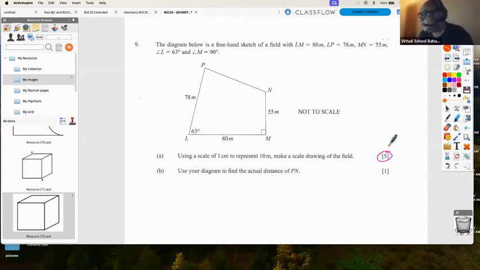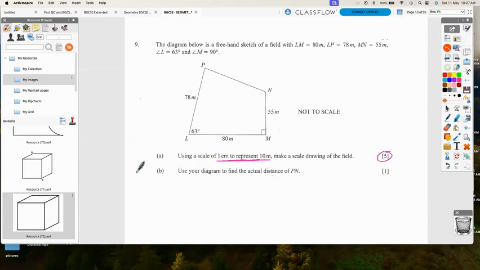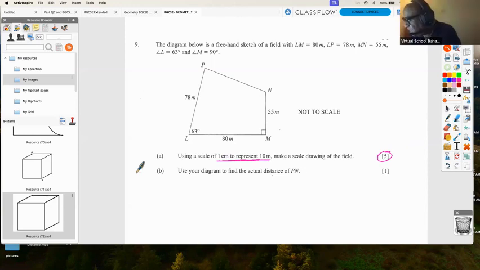All right. The drawing of it, the first part is 5 points. So remember, what is the scale? 1 centimeter to 10 meters. So your first job is to find out how many centimeters you have to draw. To change it, we have to divide all of these by 10, and that will tell us how many centimeters we have to do.